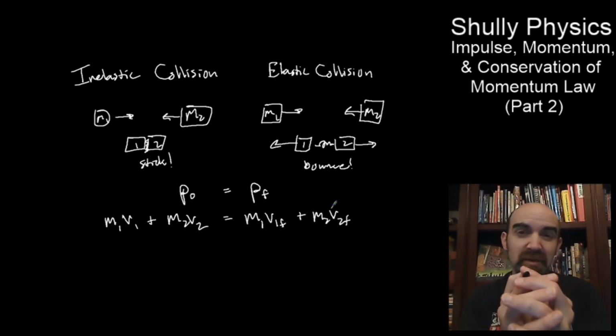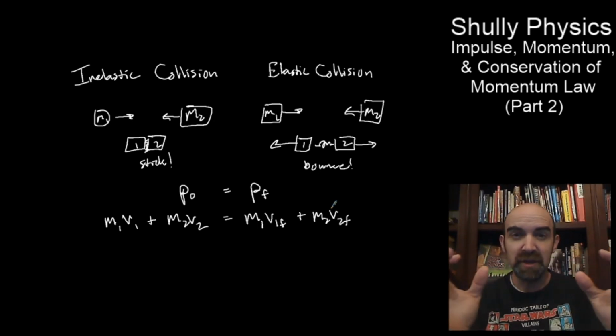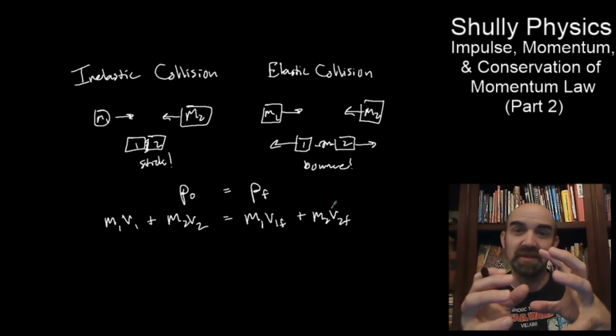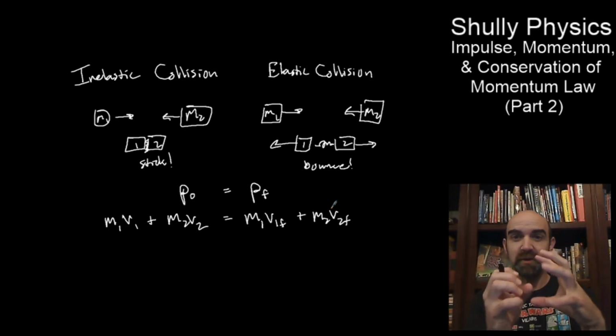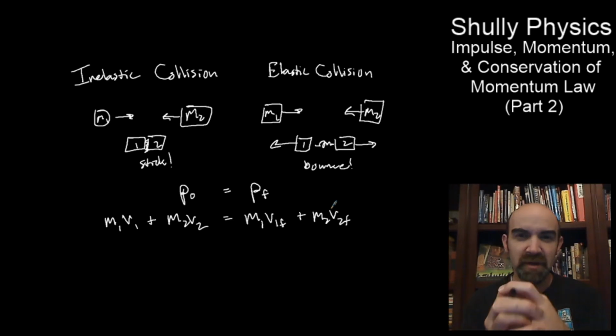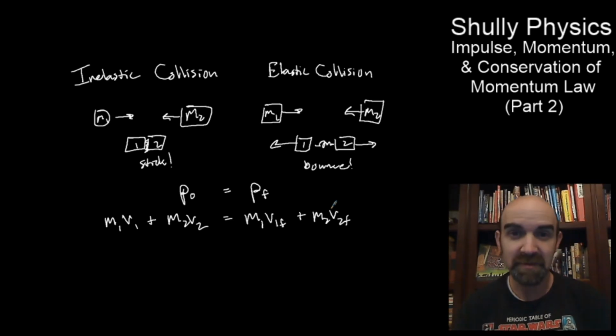Now that would happen if M1 is equal to M2. But imagine now, if they're coming together maybe at the same speed but opposite directions, but one is a bigger mass than the other. Bigger mass, smaller mass. What's going to happen then? Well, when they lock up, which one had more momentum? In which direction before the collision was there more momentum?